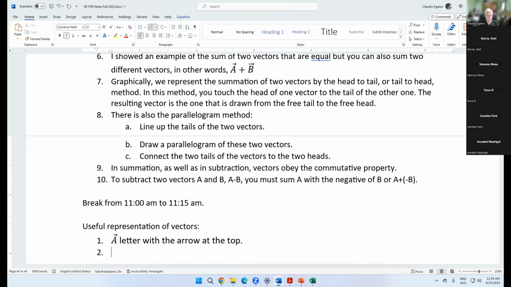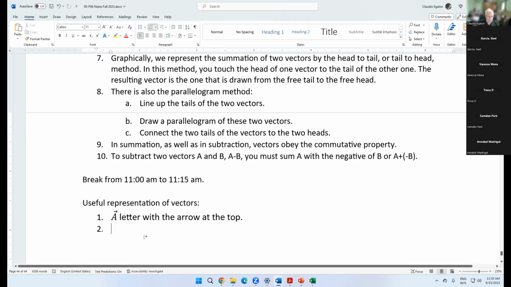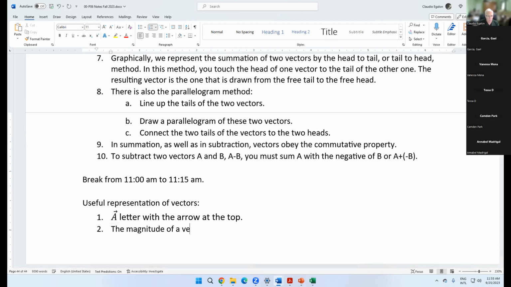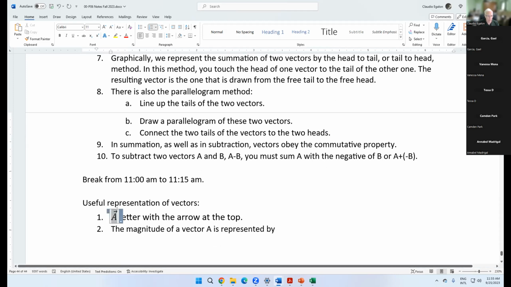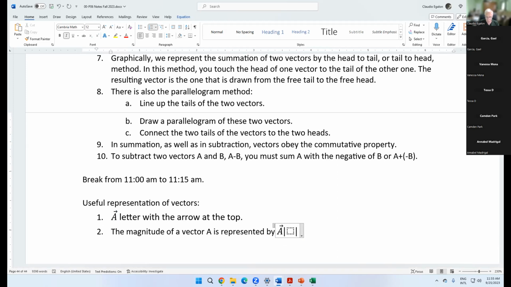Okay, the magnitude of a vector. So we have another representation. The magnitude of a vector A is represented by something like that. Okay.